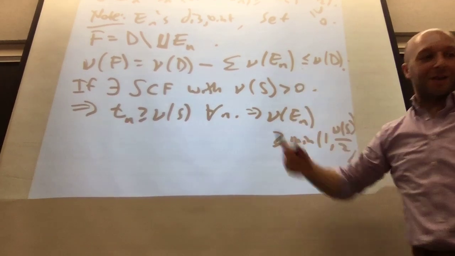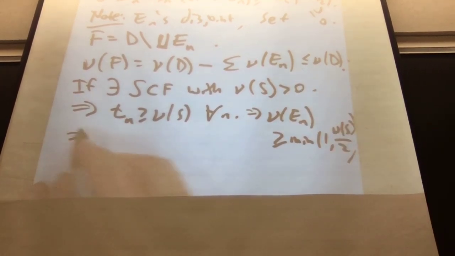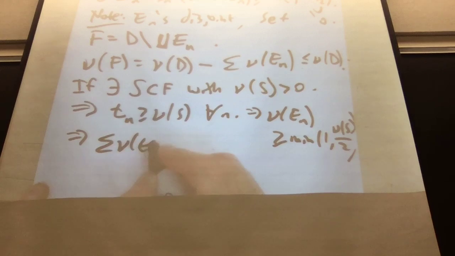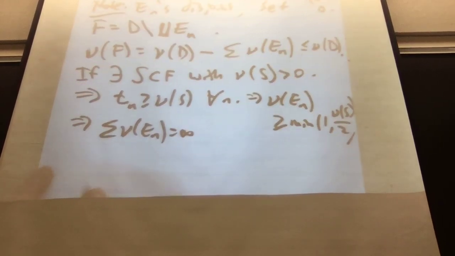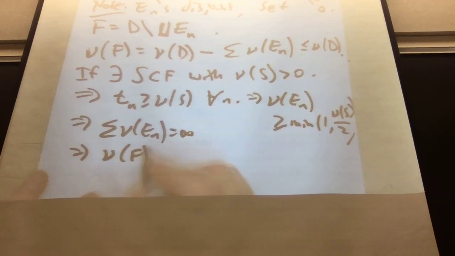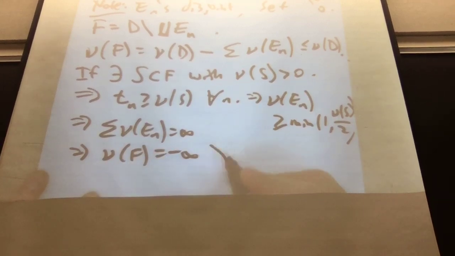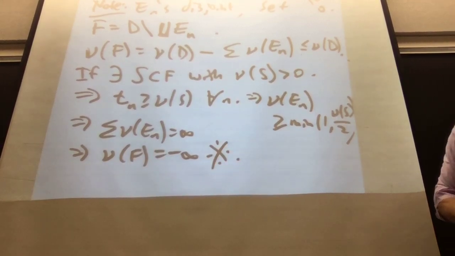So that implies that the sum of nu of the ENs diverges, which implies nu of F is minus infinity, and that's a contradiction because we said nu doesn't take negative infinity as a value.